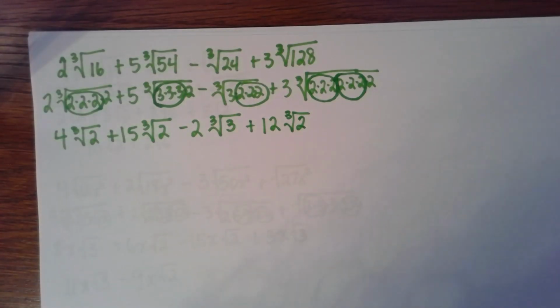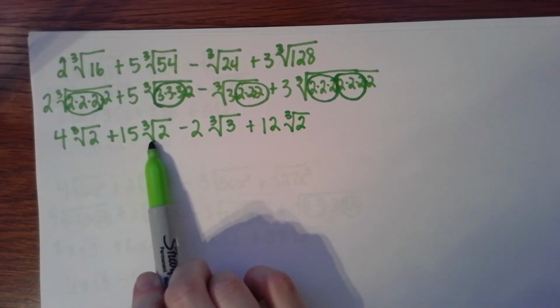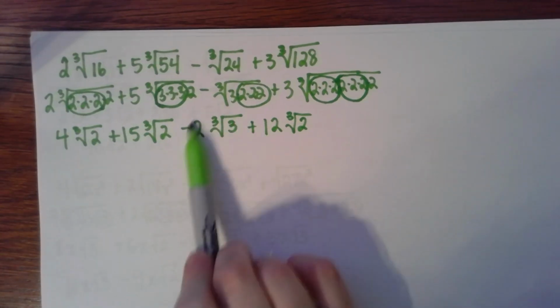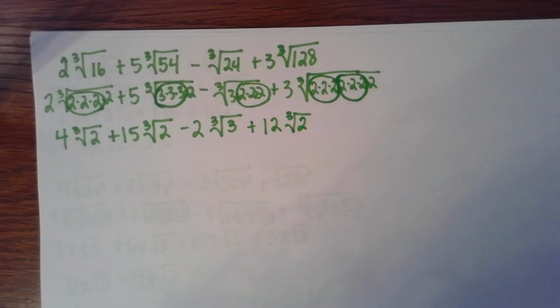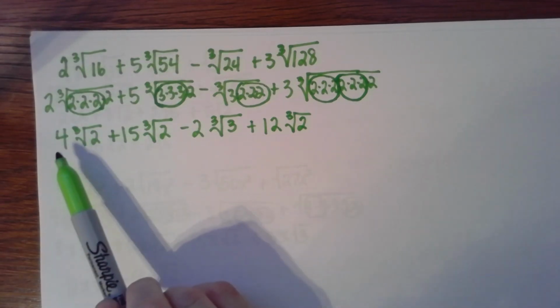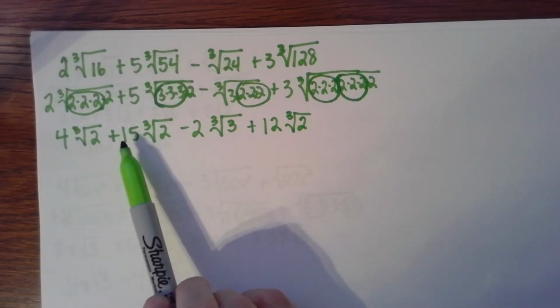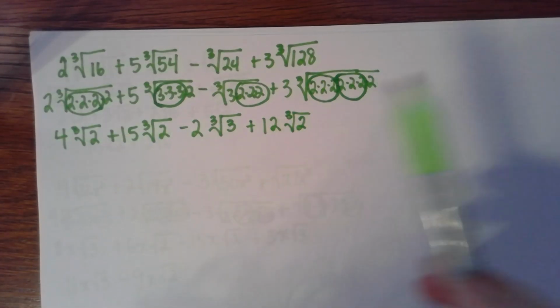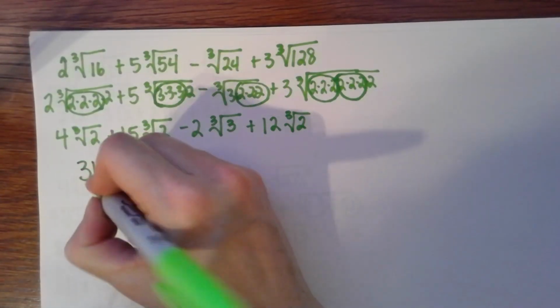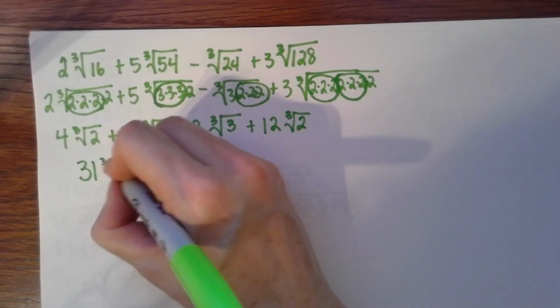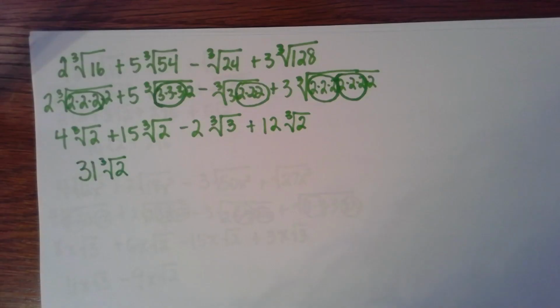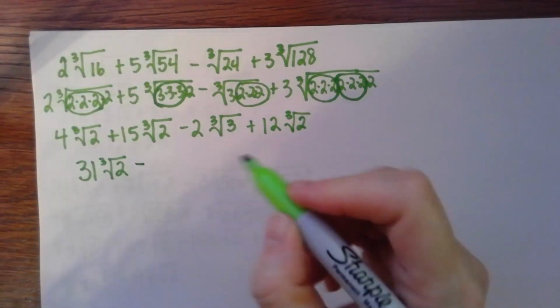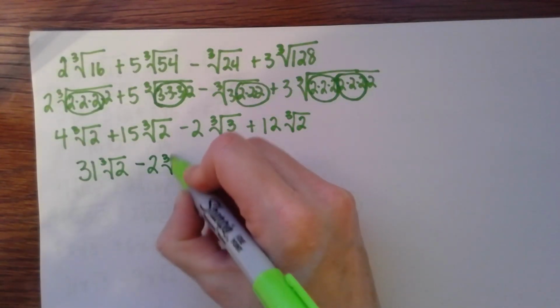Okay, so like radicals, we've got a cube root of 2, cube root of 2, cube root of 2, this cube root of 3. We're not going to be able to combine that with anything. Okay, so 4 plus 4 of these cube roots of 2 plus 15 will be 19. 19, add 12 more, we'll have 31 cube roots of 2. Okay, and then we don't have a like radical, so just minus 2 cube root of 3.